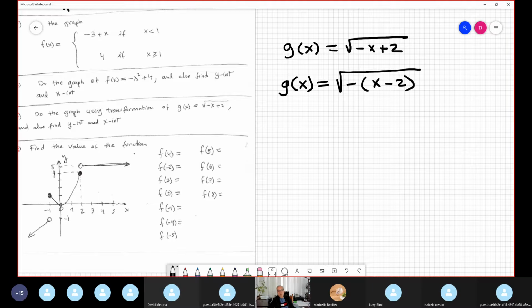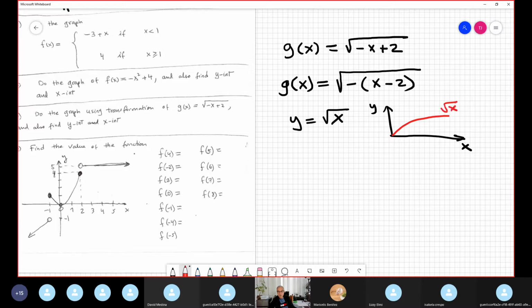So we have a reflection, okay, design, and after we have a horizontal shift of 2 units, but this is to the right because it's negative. So this belongs to the family y equal square root of x. The graph of the square root of x, I know by memory, okay, looks like that.